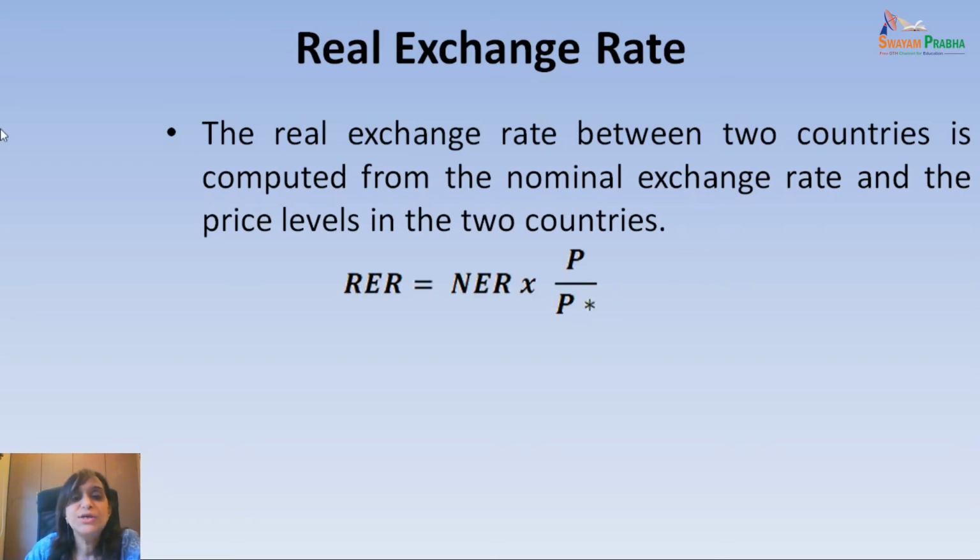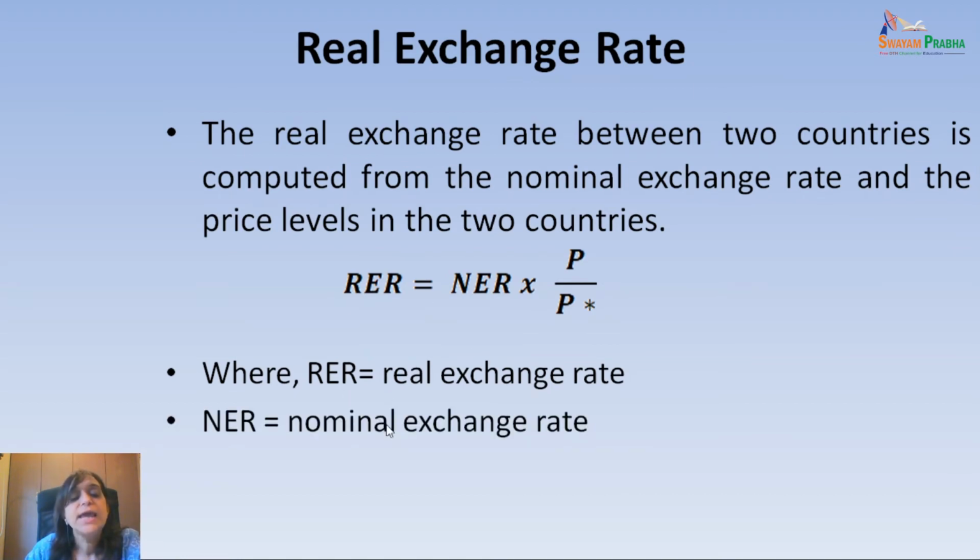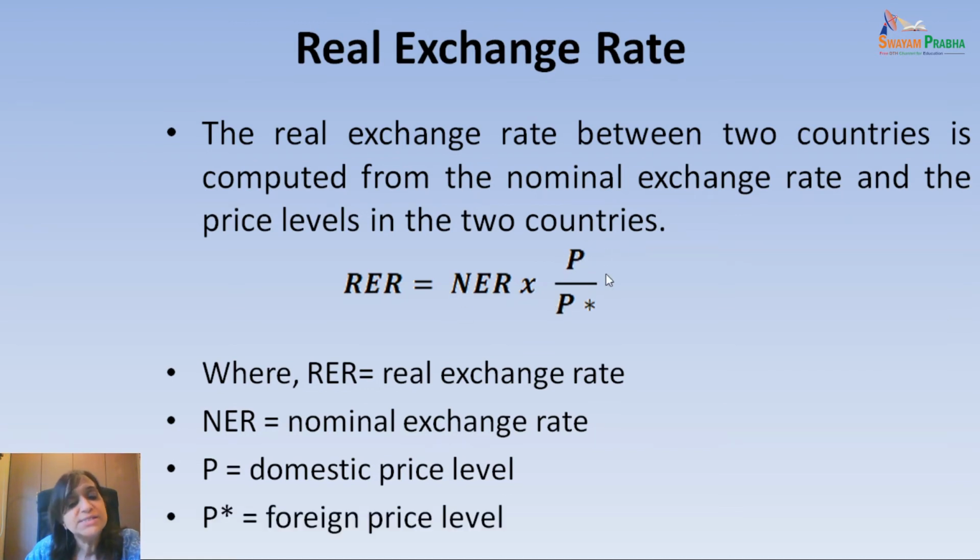So, the real exchange rate, RER, is equal to the nominal exchange rate NER multiplied by P, which is the domestic price, upon P star, which is the foreign price. So, RER is the real exchange rate, NER is the nominal exchange rate, P is your domestic price level, and P star is the foreign price level. The price ratio of the domestic market to the foreign market multiplied by the nominal exchange rate will give us the real exchange rate.